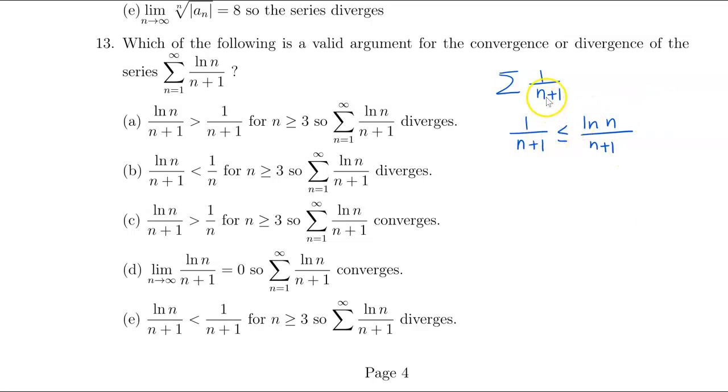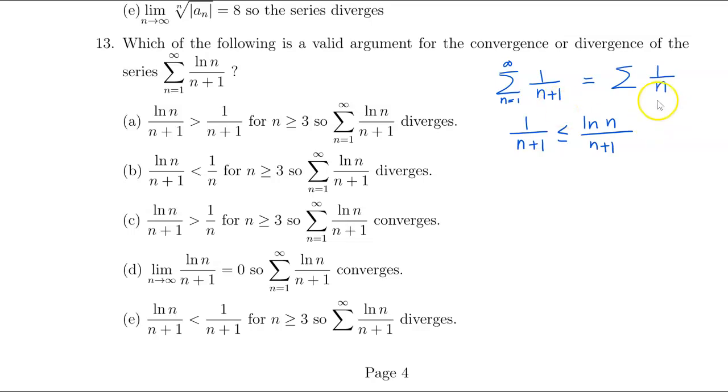Next, let's determine the convergence or divergence of the series here. This series here, 1 over n plus 1, is like a harmonic series. So you could actually rewrite this series. So first, this is n equals 1 to infinity. You can reindex that to rewrite this 1 over n plus 1 as 1 over n.